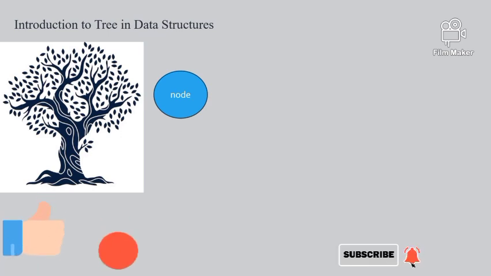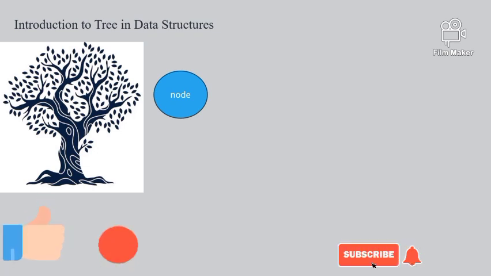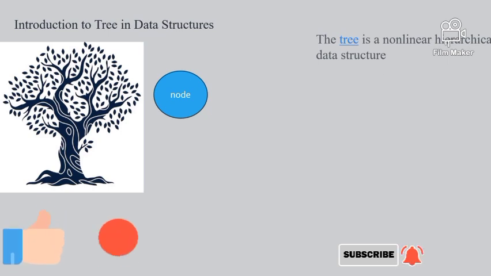A node is just a collection of elements. So here, in order to represent a tree, we will use nodes. This tree is a non-linear hierarchical data structure, and it is a collection of entities known as nodes.